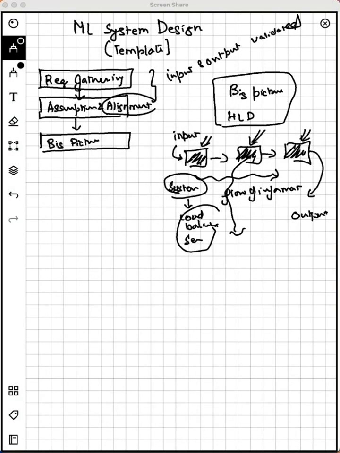Now, these are the important pieces that we will have to place our attention. Now, another important thing is right now we are just identifying these components, right? Now, there is a possibility that some components can be ML based systems and some need not be.